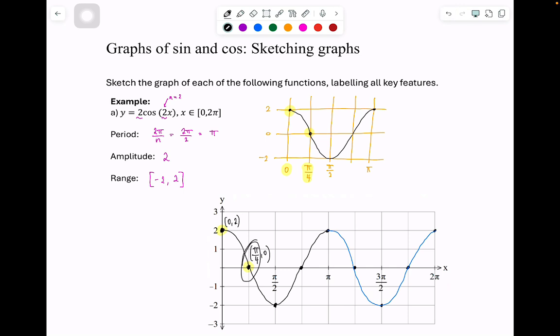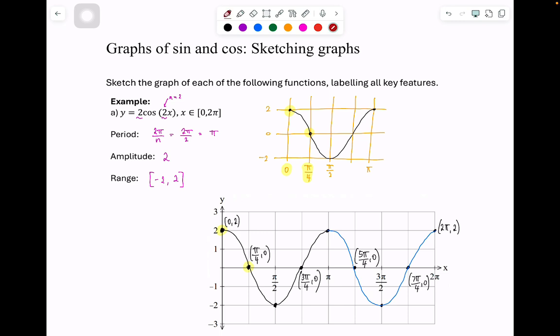So if this is pi on 4, this is 2 pi on 4, and our next one up is 3 pi on 4, 4 pi on 4, 5 pi on 4 is our next x-intercept, 6 pi on 4, and 7 pi on 4. Our last point here, which is our endpoint, we need to label. So we have an x value of 2 pi and the y value is 2.